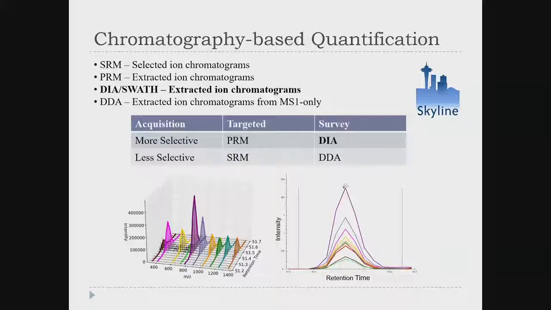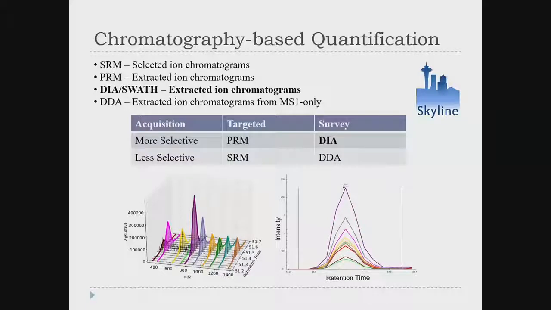So I came up with this term, chromatography-based quantification, encompassing all things where we're extracting chromatograms. In mass spectrometry we're always working in a three-dimensional space of intensity, which is ions per second, mass to charge ratio, and retention time. And now we actually have a fourth dimension, ion mobility, but we're not going to get into that here.